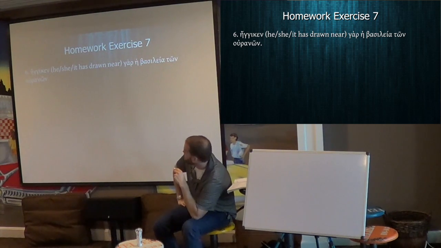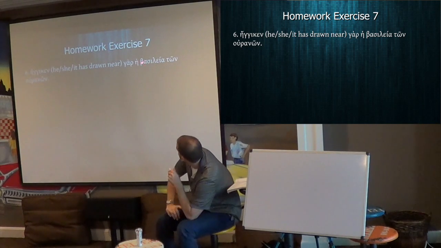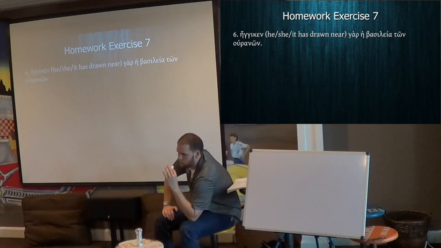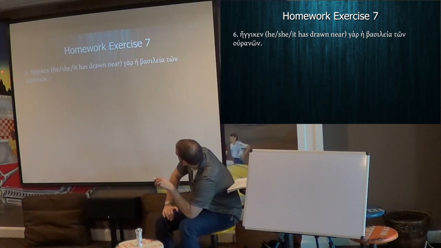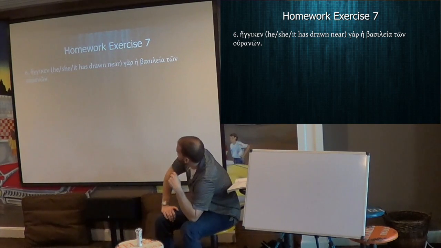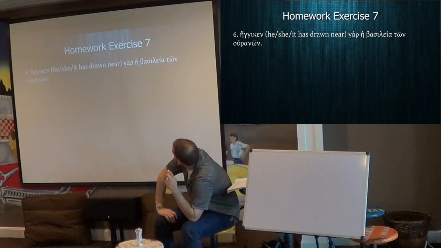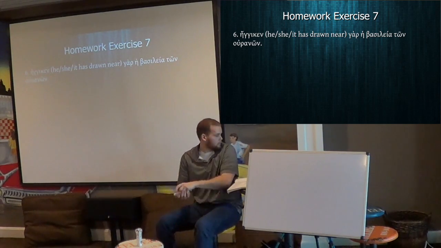Again, the article doesn't match the ending because this is an alpha pattern instead of an eta pattern first declension noun, but yeah, this is he basileia, your nominative singular feminine subject of the sentence. You already parsed this one for me. What was it? Genitive plural. Yeah, genitive plural. Ton ouranon. So the kingdom of... Translate that for me.